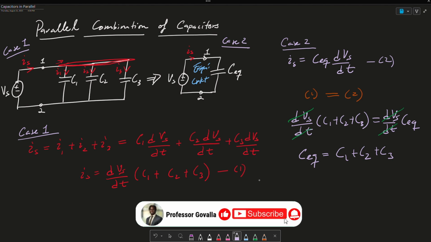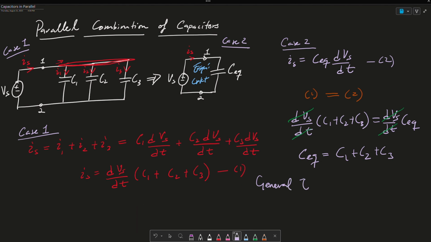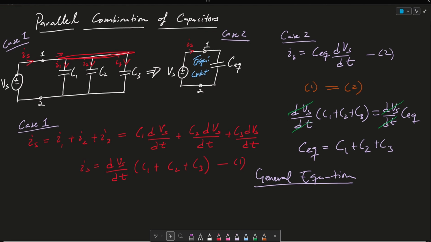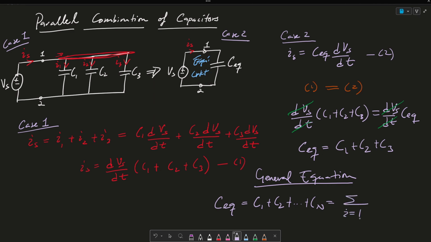Or we can write a general equation for capacitors in parallel: C equivalent is equal to C1 plus C2 plus dot dot dot plus Cn. Or you can say that this is the sum from i equals 1 to n of Ci.